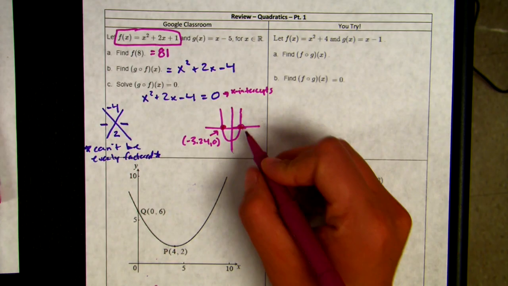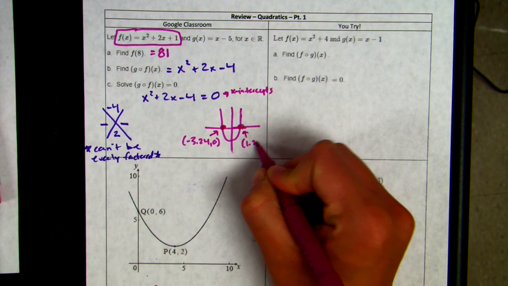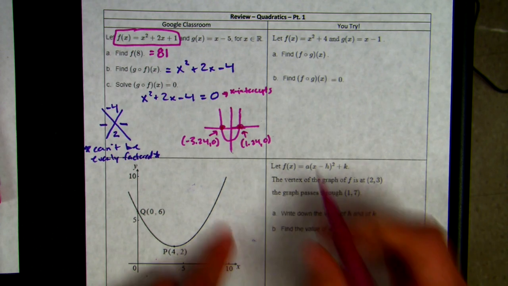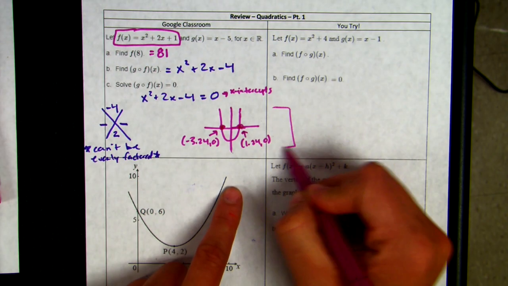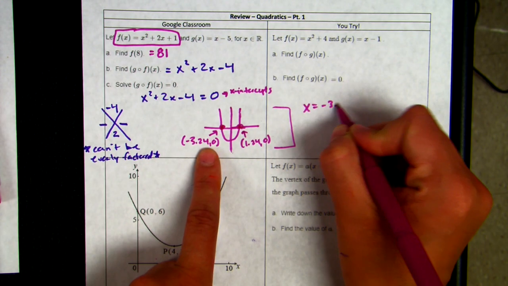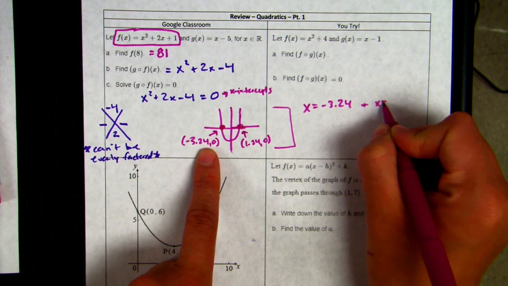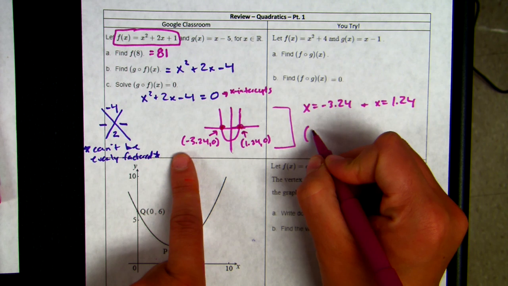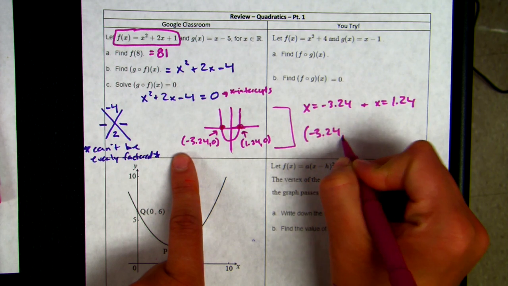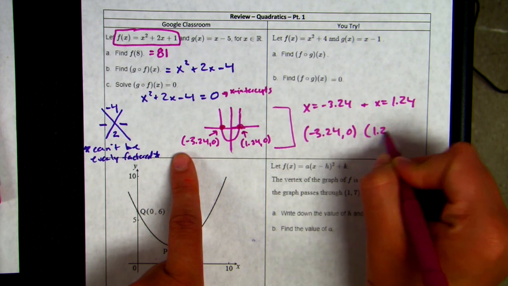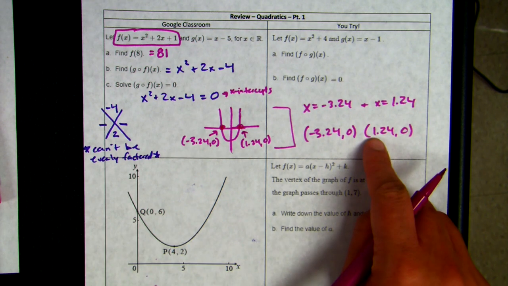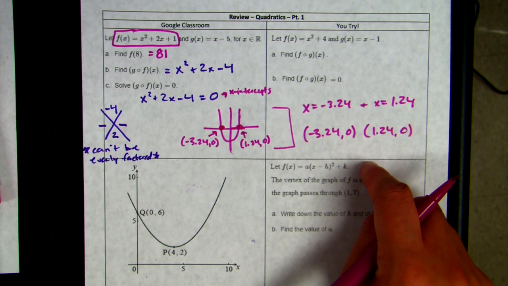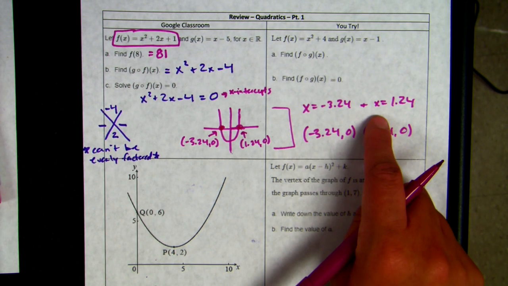Sorry, I entered away from it, but it was at 1.24, comma 0. So you can write your final answers as x is equal to negative 3.24 and x is equal to 1.24, or you can write your final answers as 2 coordinate points, like that. Both of these are correct answers because you've told me what your x values are.